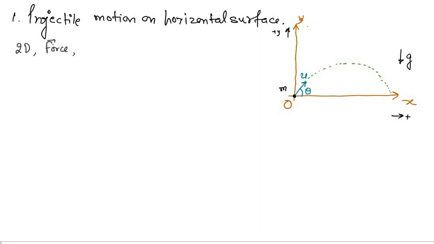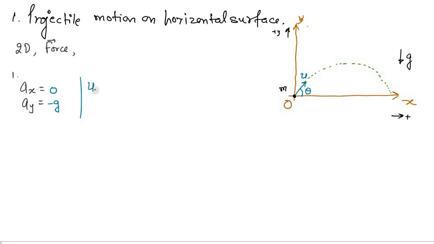You can solve the x-direction equations of motion separately from the y direction, because x and y are independent of each other in the coordinate system. For the x acceleration and the y acceleration, your x acceleration is 0 because there is no component of gravity in the x direction, and your y component is minus g. I am writing minus because I am choosing the downward direction to be negative.